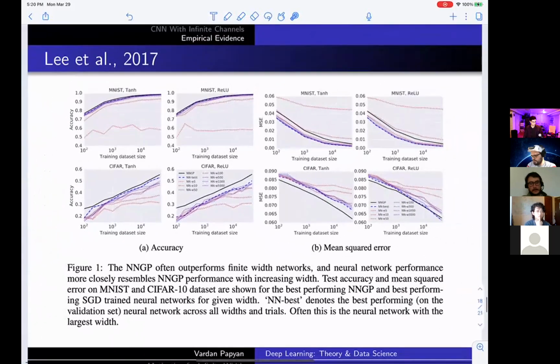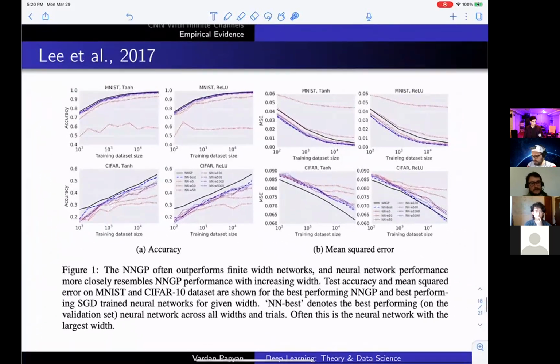Does the caption illuminate? So NNGP outperforms finite width networks. Neural network performance more closely resembles NNGP with increasing width. Best performing on validation set neural network across all widths and trials.